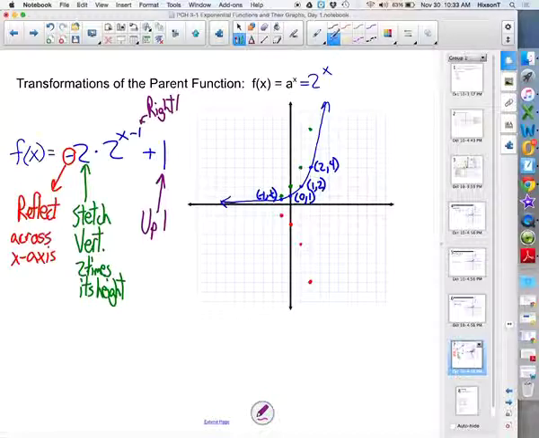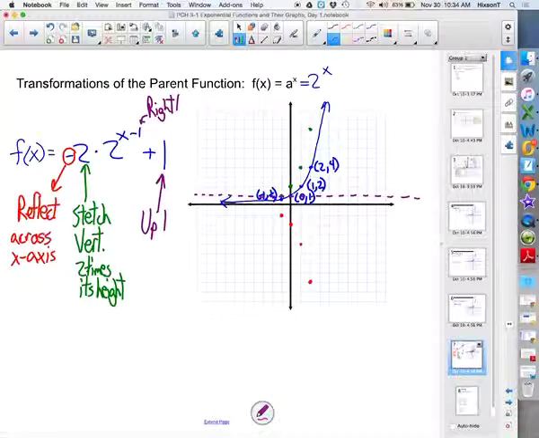So each one of these points I need to shift up 1 and to the right 1. Okay? So, and by the way, notice our horizontal asymptote will also shift 1 up. So instead of being the x-axis, now our horizontal asymptote will be right here at y equals 1.